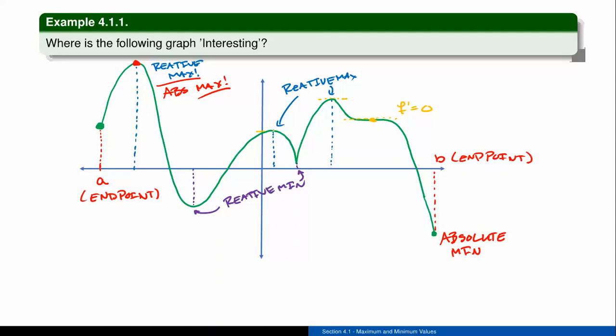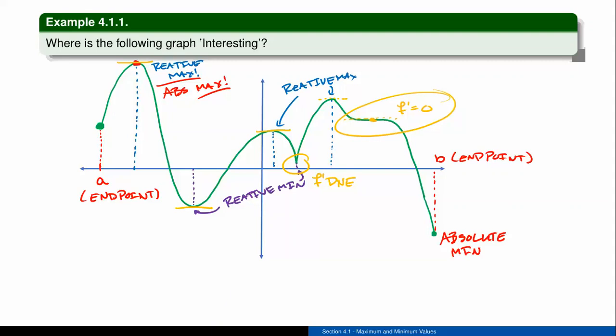There's also a derivative of 0 at that relative max. This relative and absolute max is going to have a derivative of 0. Over here I have a derivative of 0 as well, and at this point f prime is not even defined. So what's weird about this point over here is that I have a derivative that's 0, but it's not a max or a min.